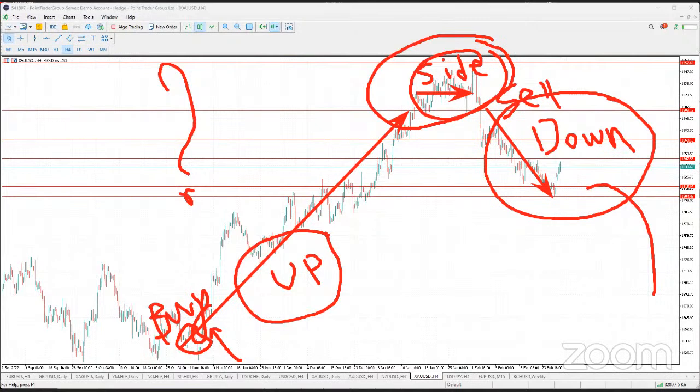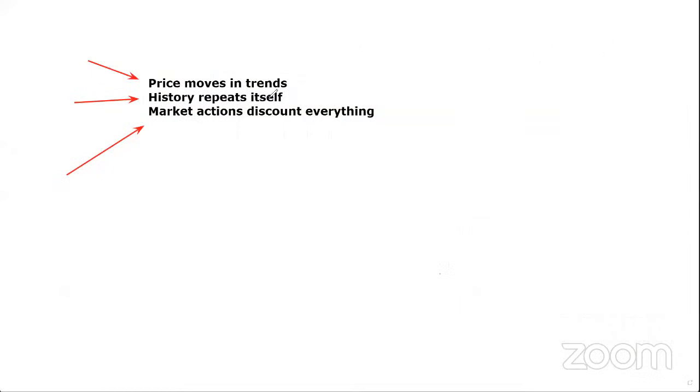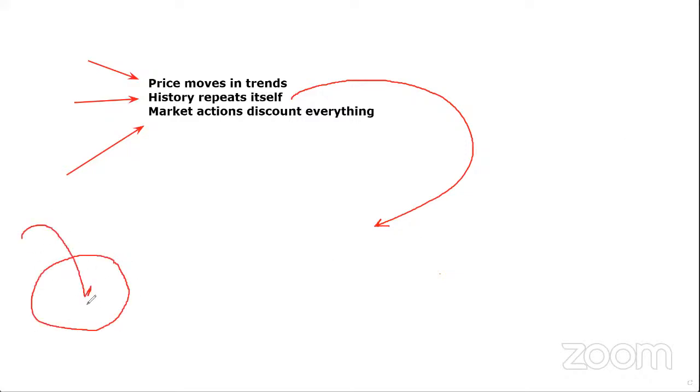So I'm going to move now to the second concept of technical analysis. That is, history repeats itself. Now, this is how it works. What happened in the past, so this is the past, might happen again in the future if the same factors that caused it in the past happen again in the present.